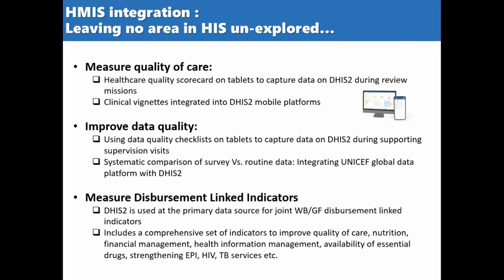Without this DHIS2, the World Bank and Global Fund cannot proceed with the program, because it is based on that to verify the system and the actual implementation. We also use indicators to monitor the quality of care of nutrition, financial management information system, and other programs like HIV, TB, and EPI services.